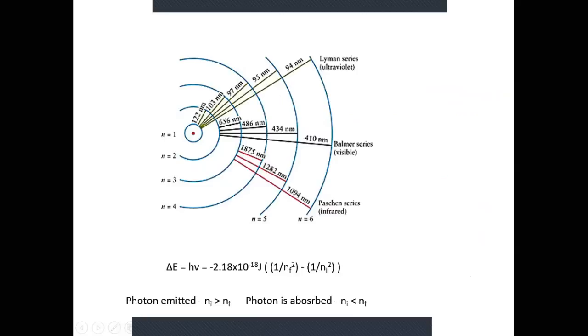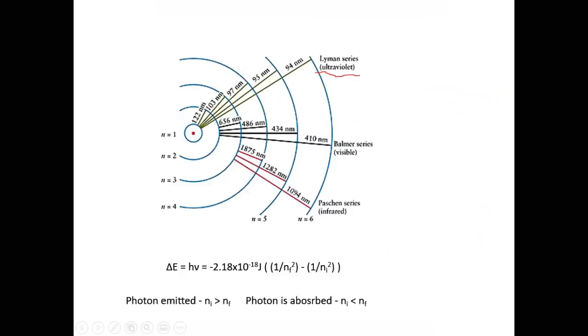So this is just a different display of the three different series. And what you should notice is all of the Lyman series transitions have the shortest wavelength, then Balmer, then Paschen.